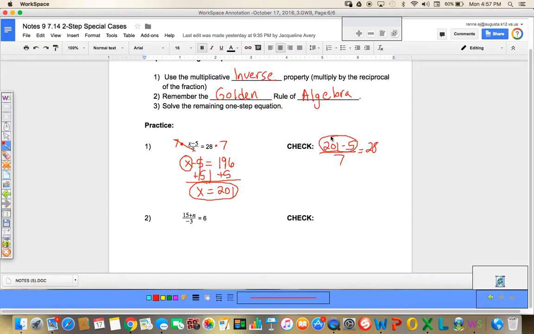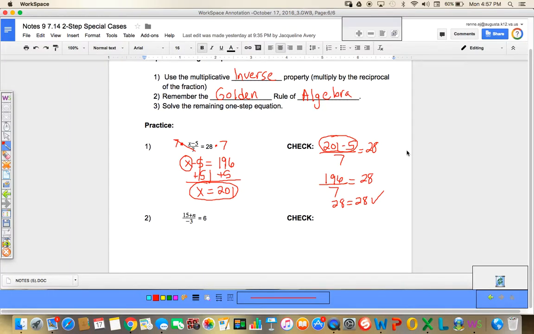So we do 201 minus 5, which is 196. Now we divide it by 7, and 196 divided by 7, if we double check it in our calculator, is in fact 28. So we have 28 equals 28, and this checks.